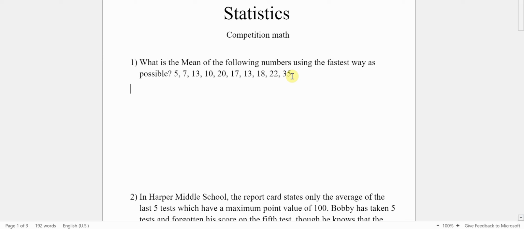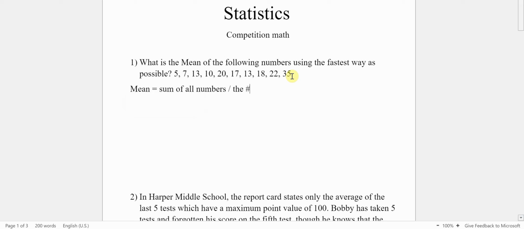In this case, we have 1, 2, 3, 4, 5, 6, 7, 8, 9, 10. We have 10 numbers.